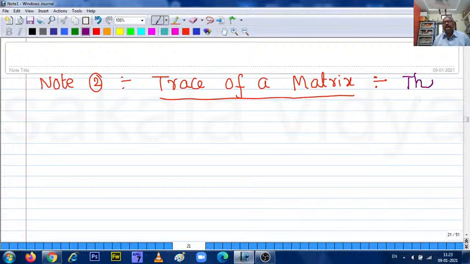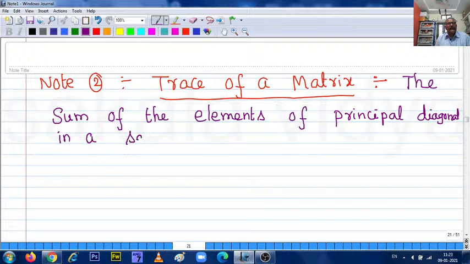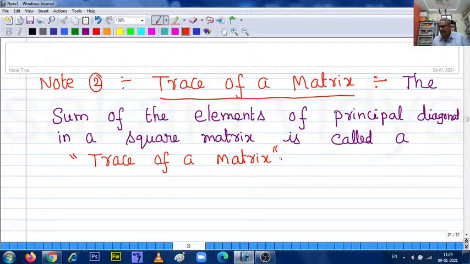The sum of the elements of the principal diagonal in a square matrix is called a trace of a matrix. This is the definition of the trace of the matrix.